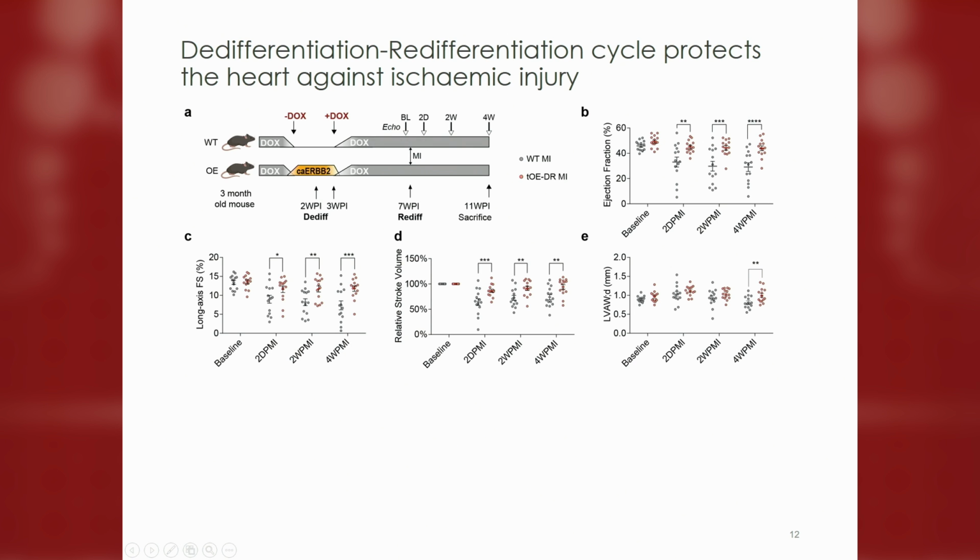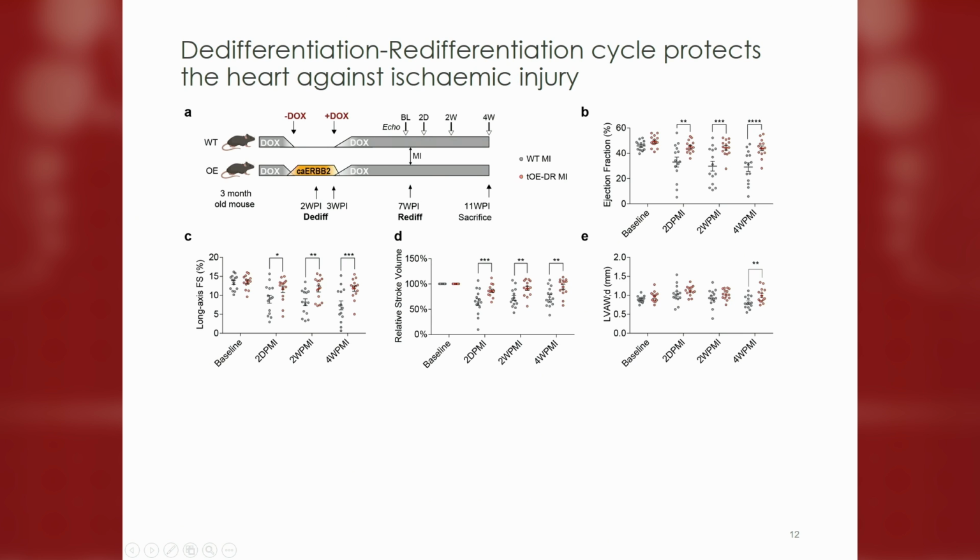Let's focus just on ejection fraction. In control animals, when you measure ejection fraction in a nice cohort of animals, you will see something like this: some animals that are hardly injured, some that are moderately injured, and some that are very strongly injured, with ejection fraction going almost to the bottom.